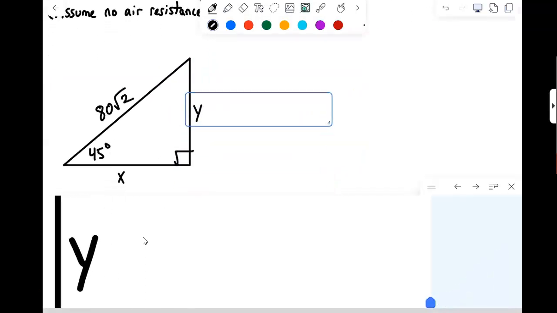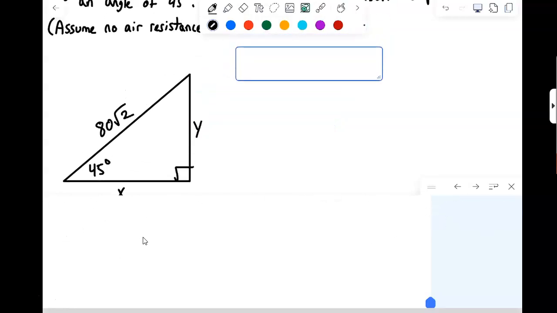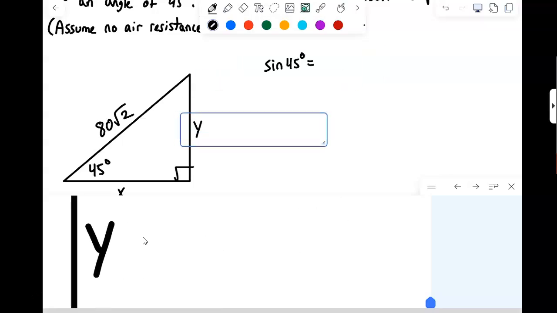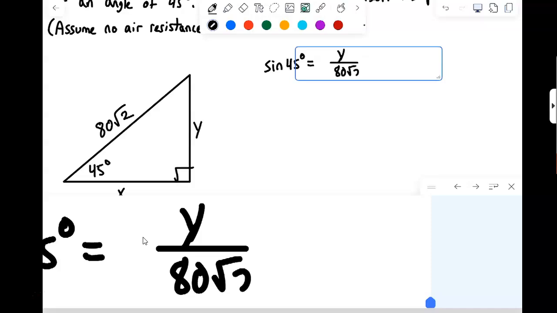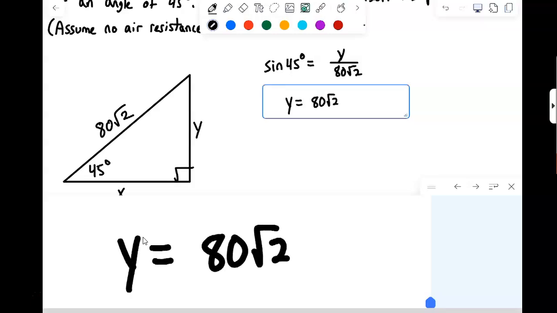So here with Y, we can say the following, that the sine of 45 degrees is equal to Y over 80 square roots of 2. And so Y would be 80 square roots of 2 times the sine of 45.